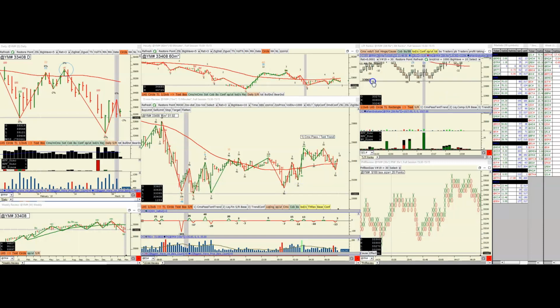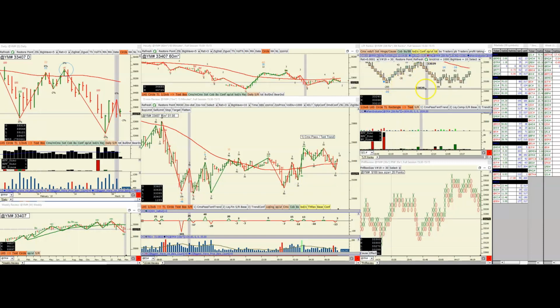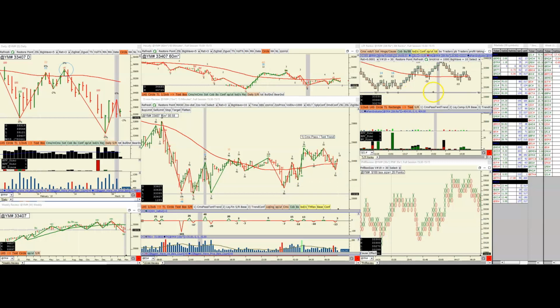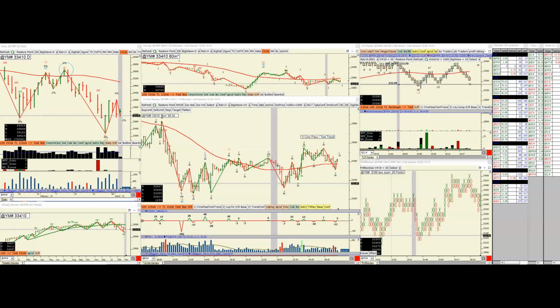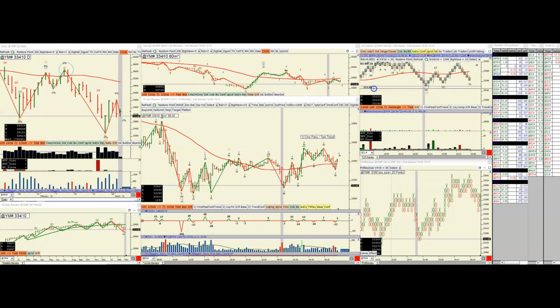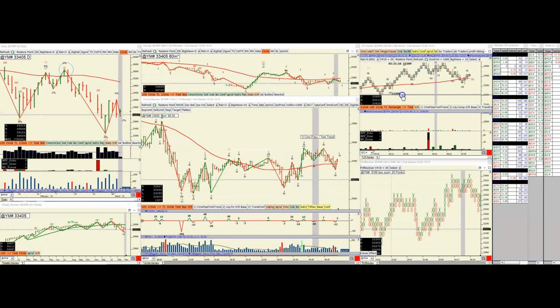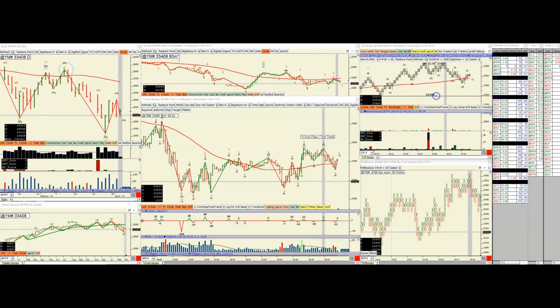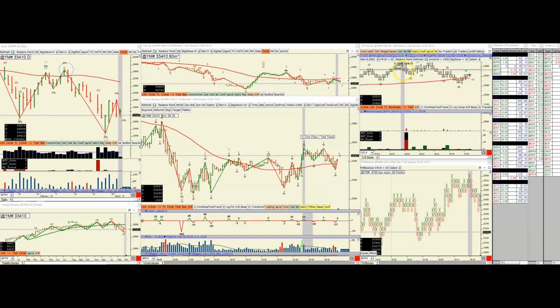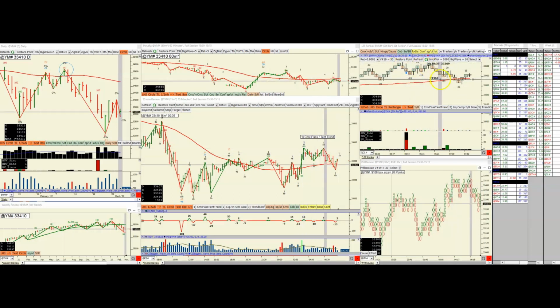So you know that there's some type of reversal action. Right there. What is this? Boom, 2.